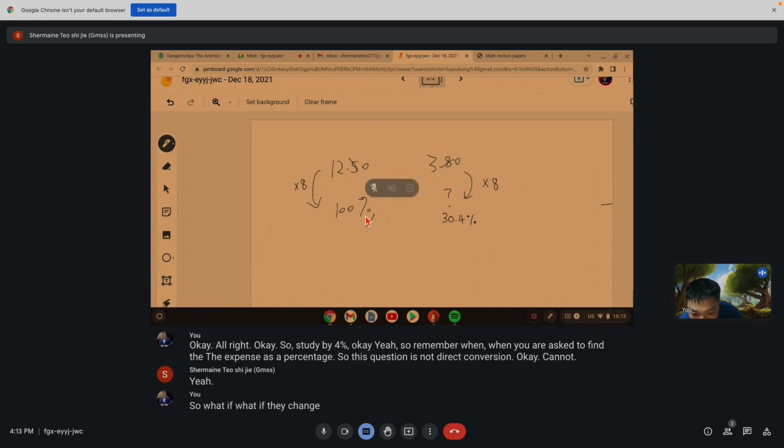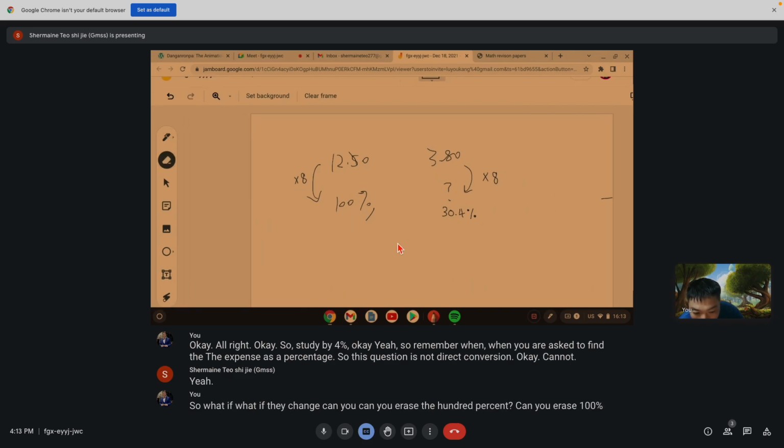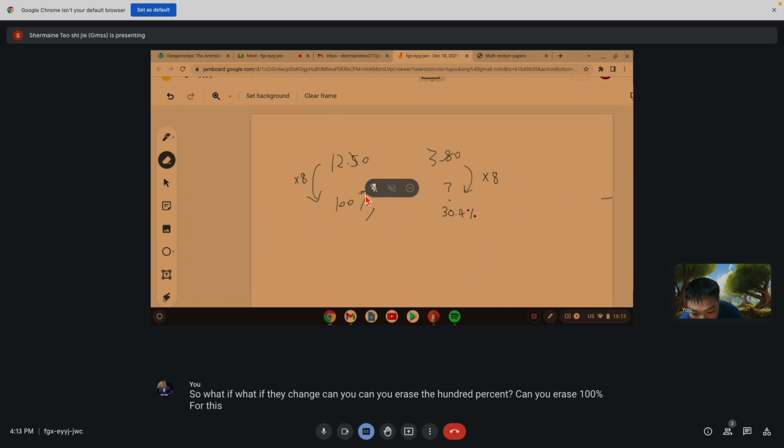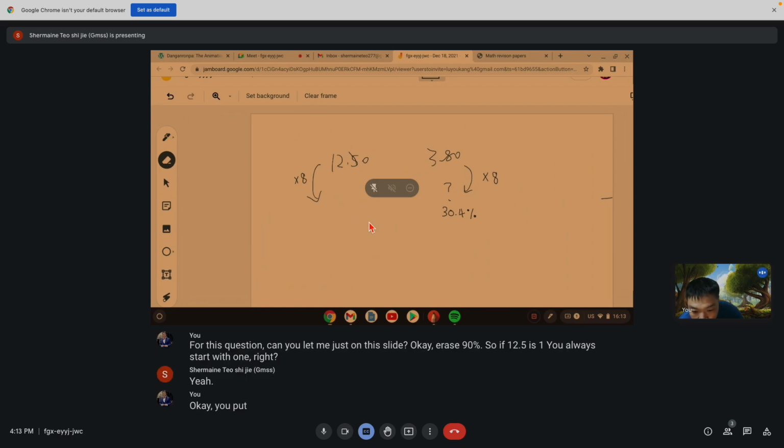Can you erase the 100%? Just on this slide, can you erase the 100%? So if 12.5 is 1, you always start with 1, right? You put the 1 below 12.5.